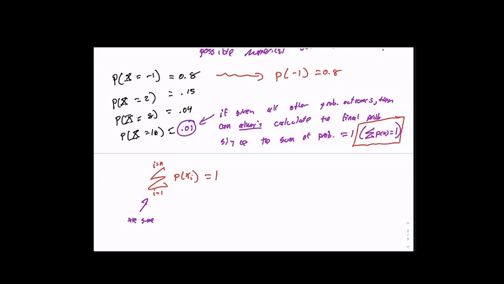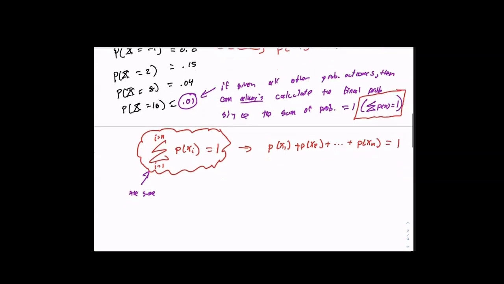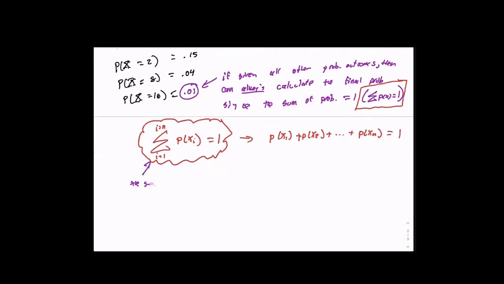This is the more technical notation, and all this means is p of x sub 1 plus the probability of the second outcome plus dot dot dot plus the probability of the final outcome. If I add them all together, they must add up to 1.